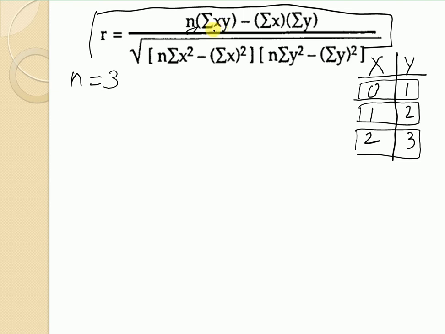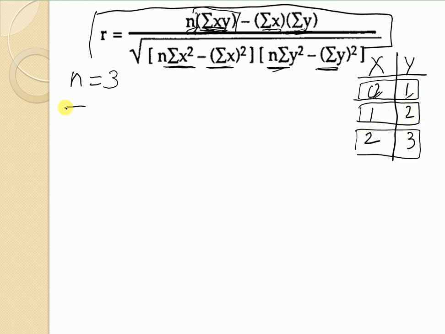This other summary statistic, so each one of these is called a summary statistic, and for the purpose of this course, you're required to use summary statistics to calculate the correlation coefficient. This summary statistic here is read as the sum of the product of x and y. To get this value, we need to multiply each x value with its corresponding y value and then add those products together.